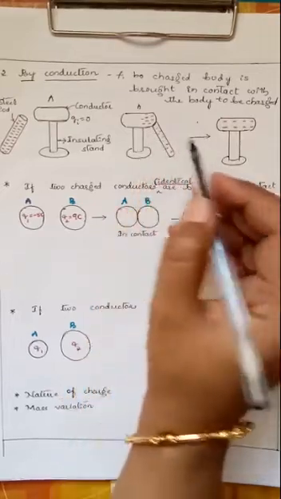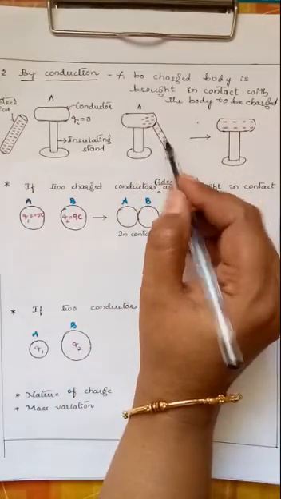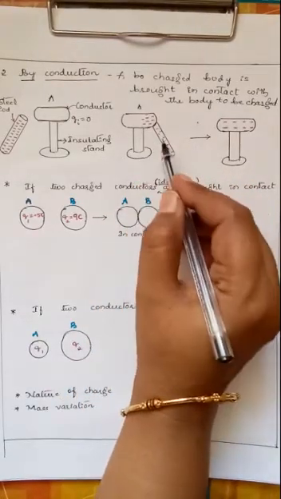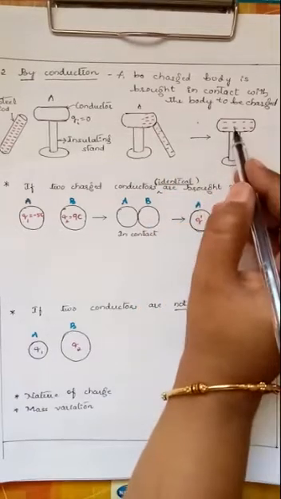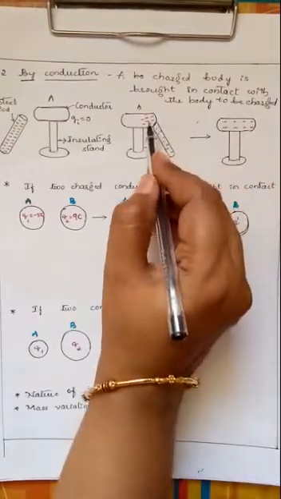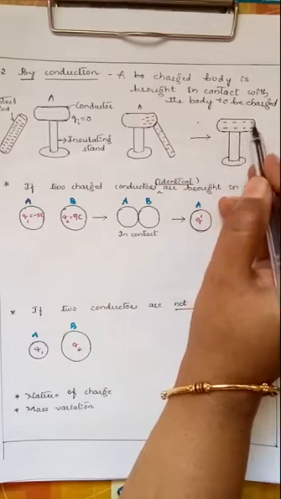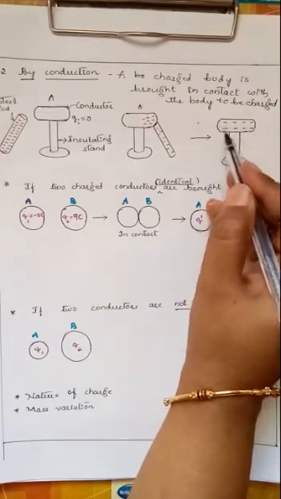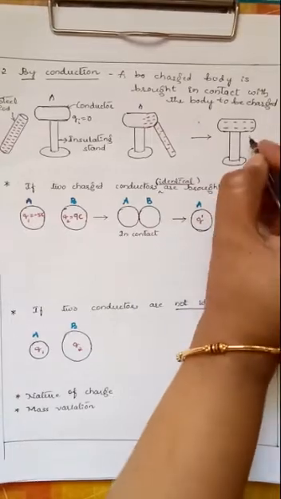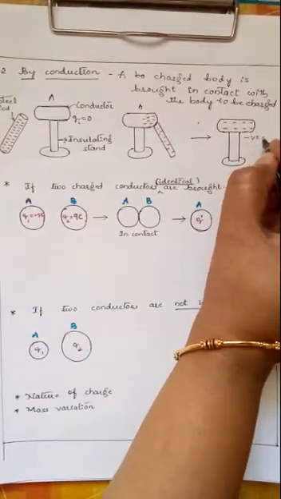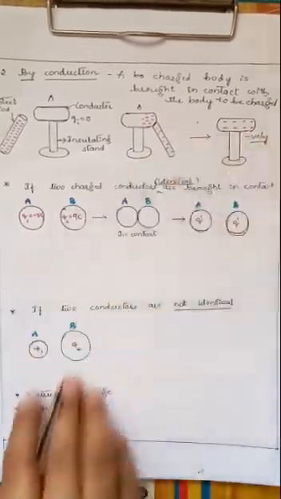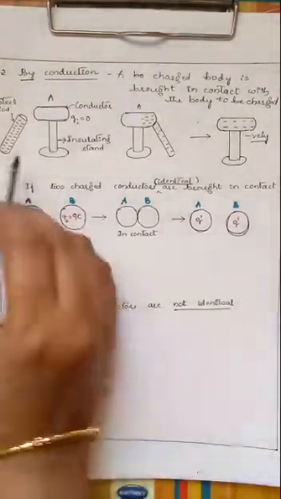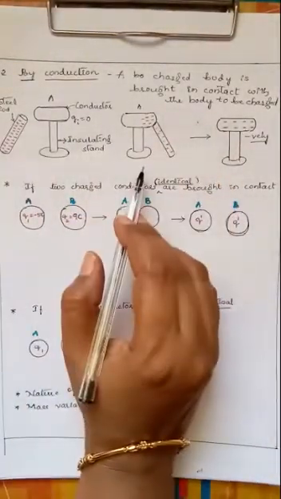But if, after bringing in contact for a while, I take the rod away, then these transferred electrons will get equally distributed on the surface of the conductor. Now it is totally negatively charged. This is how we carry out the conduction method.